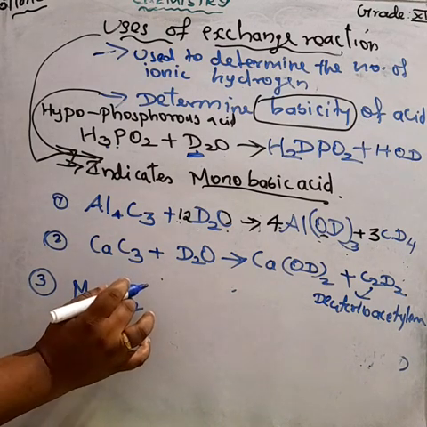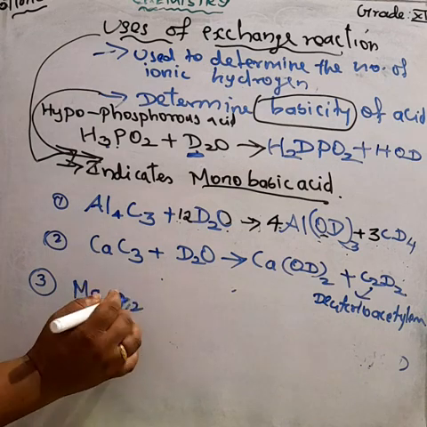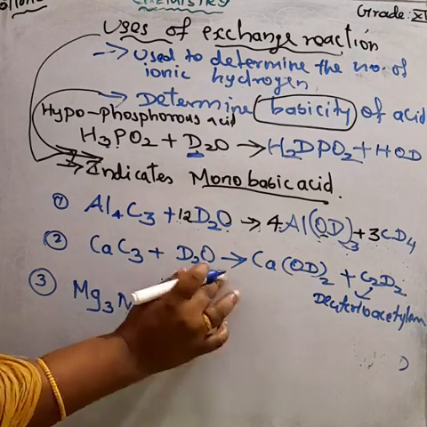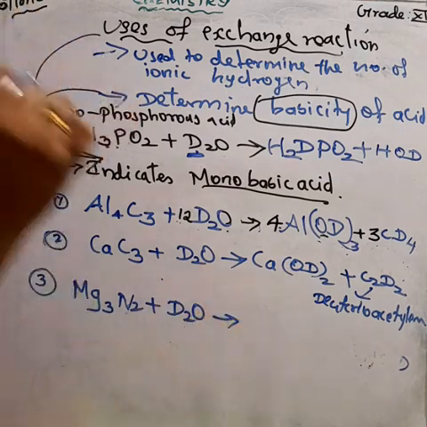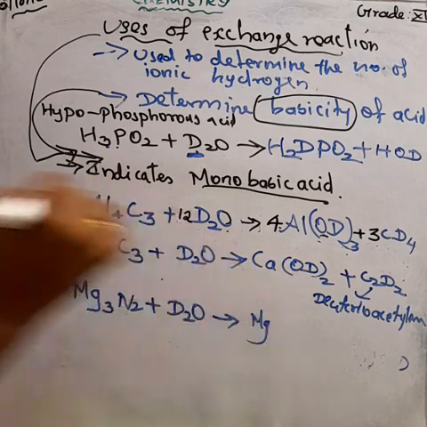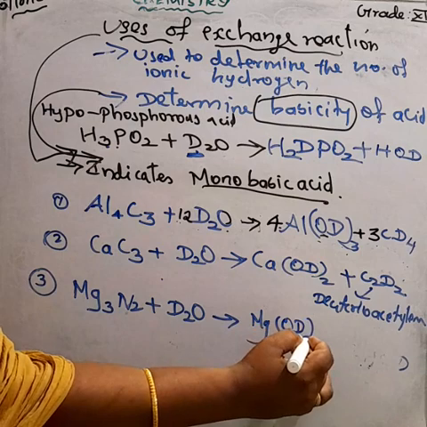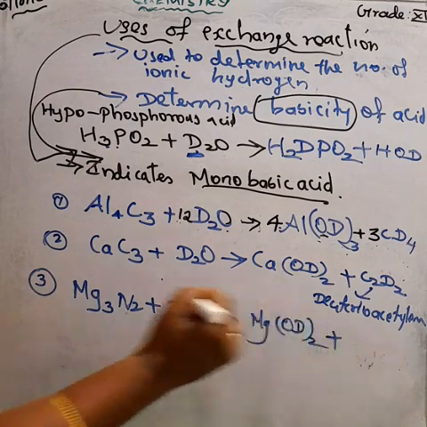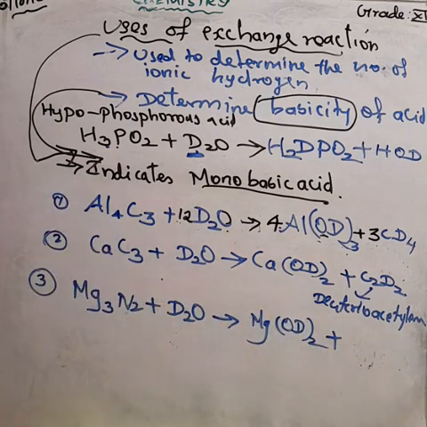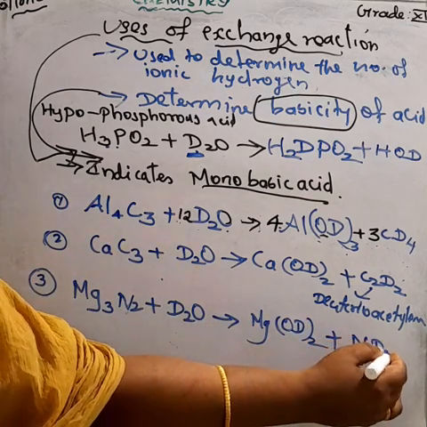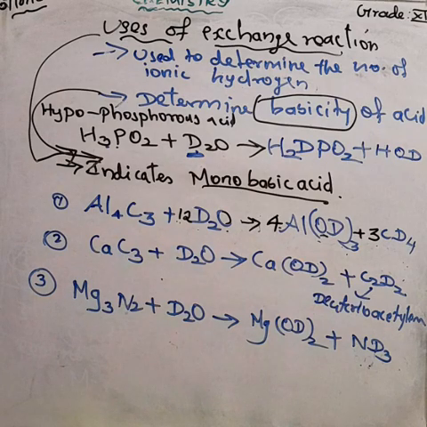When treated with heavy water D2O, we get magnesium deuteroxide, and then we get ND3, deuterated ammonia, deuterioammonia.